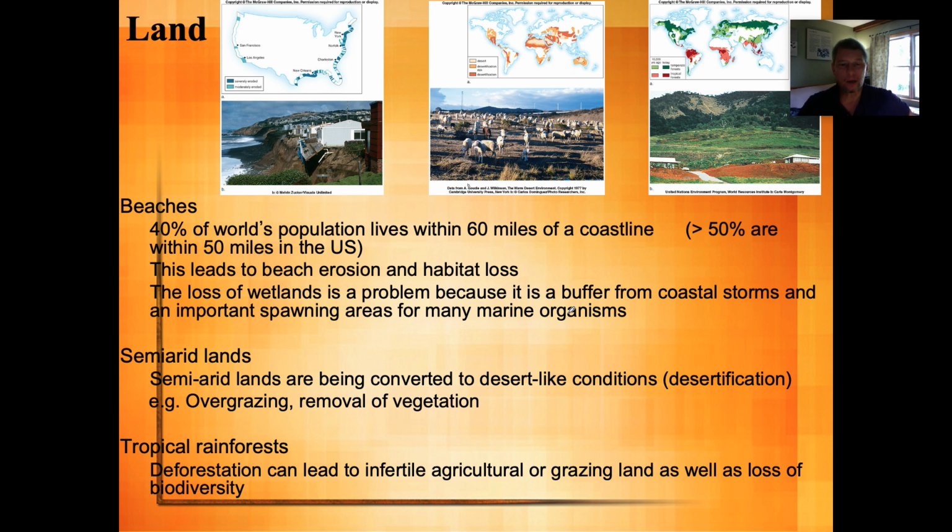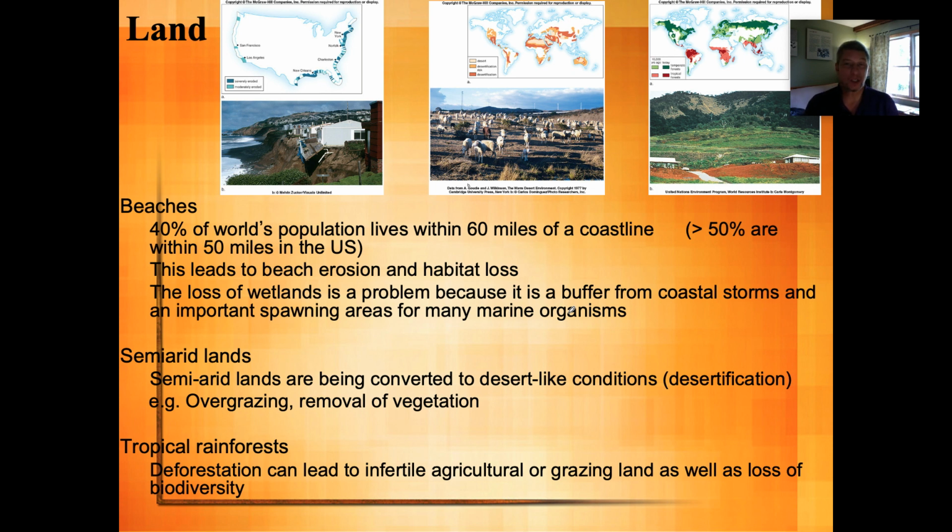Now, semi-arid lands, unfortunately, because of overgrazing by sheep and goats and cows and things like that, are reverting to desert-like conditions because the animals are simply scouring the landscape and destroying all of the vegetation.